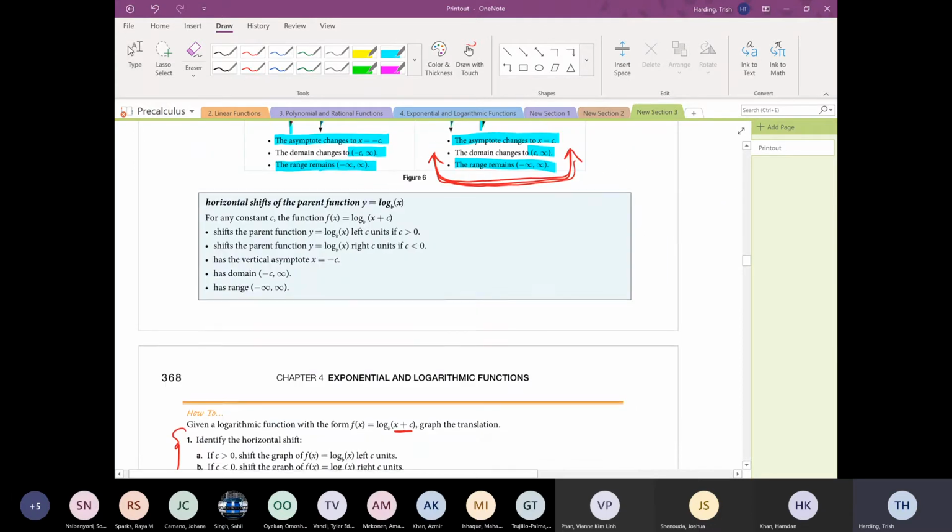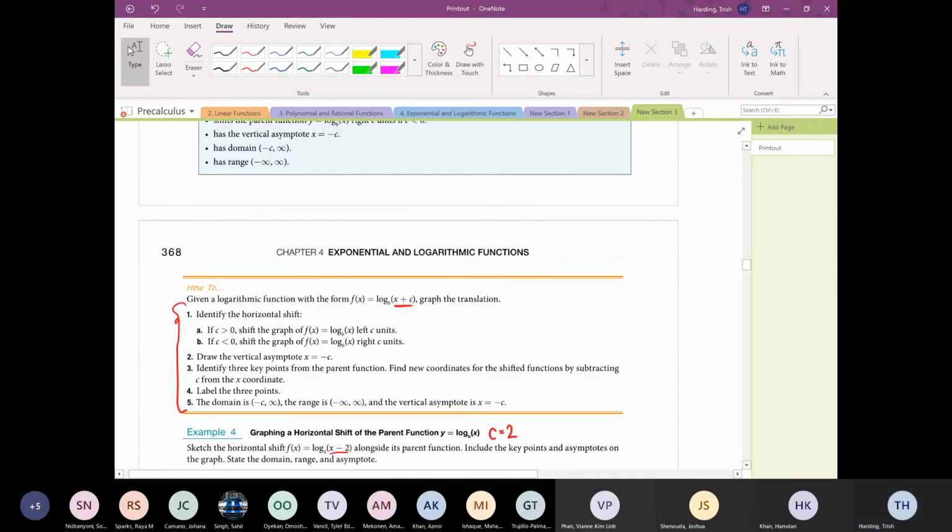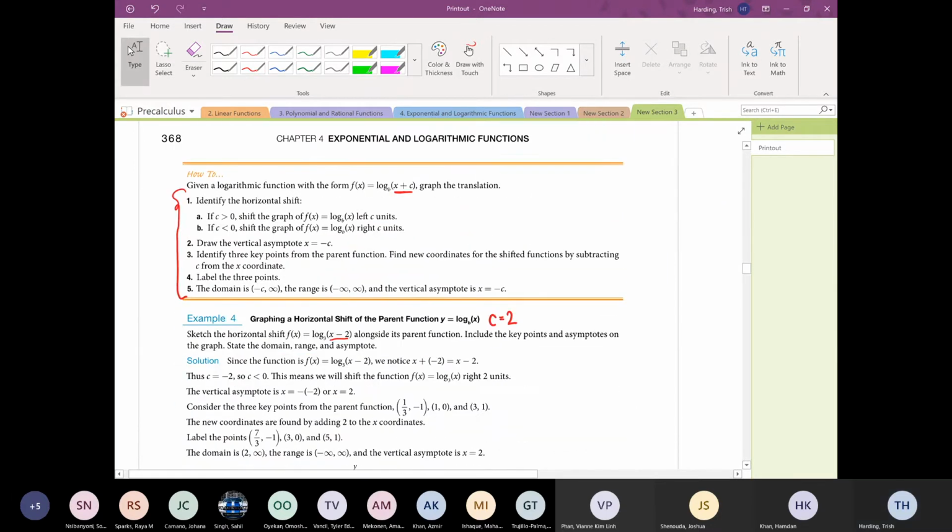So our asymptote is going to be x equals 2. Our new domain is going to be 2 to infinity. Our range is still going to be negative infinity to infinity.